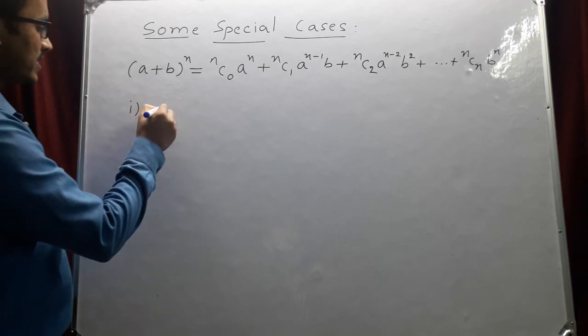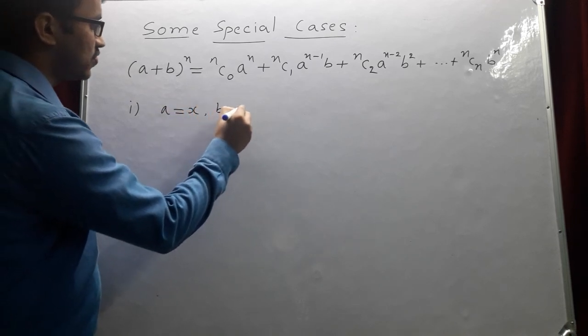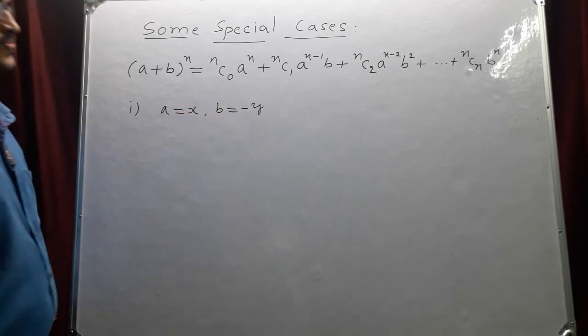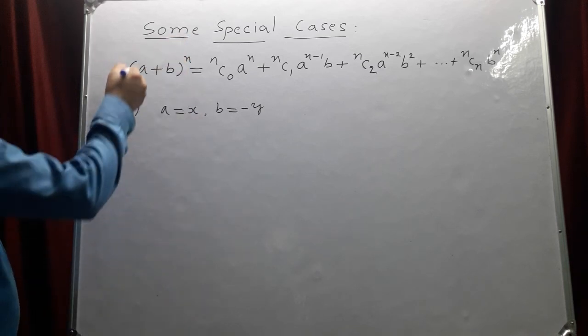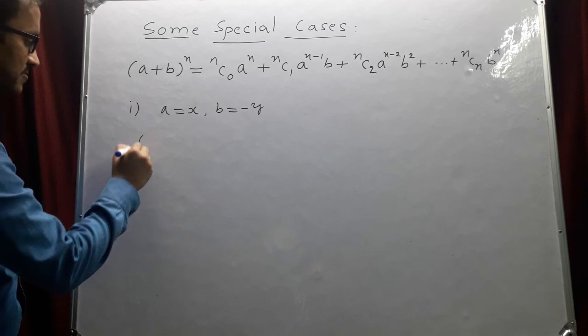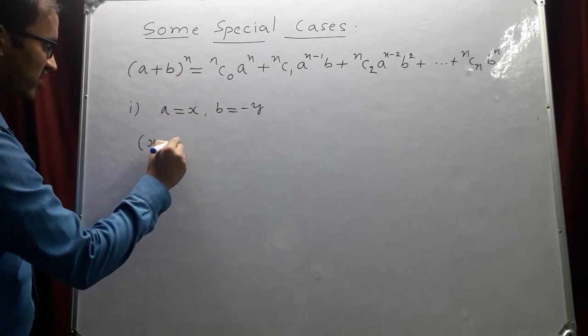Suppose we take a is equal to x and b is equal to minus y. Then this expansion we can write with a as x, and in place of b we write minus y.